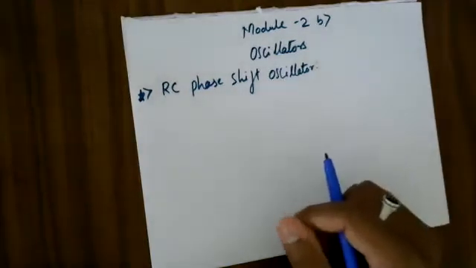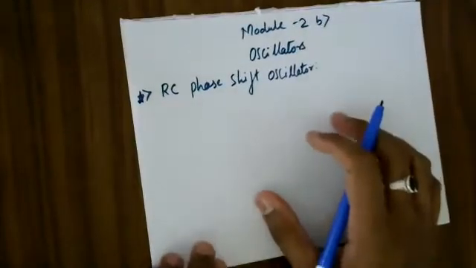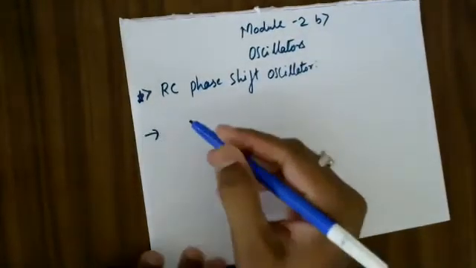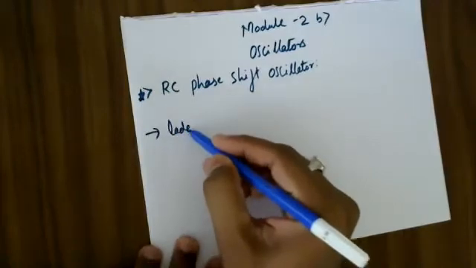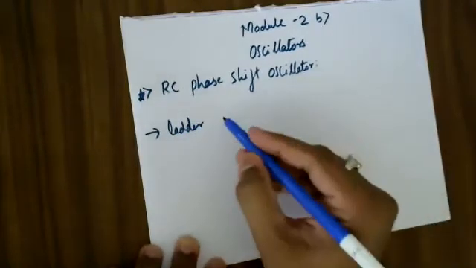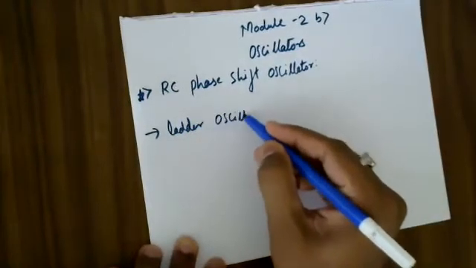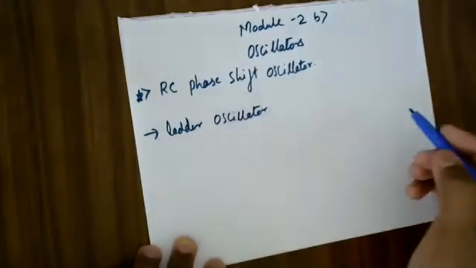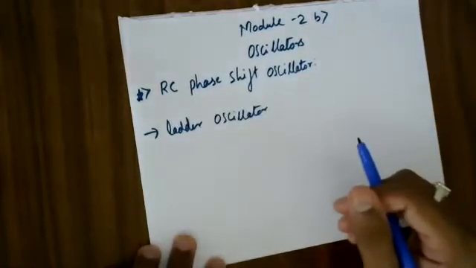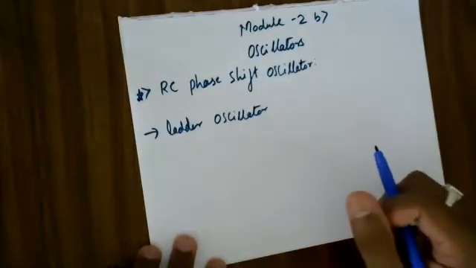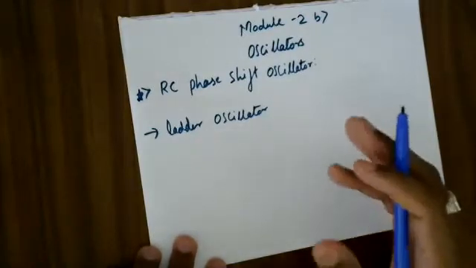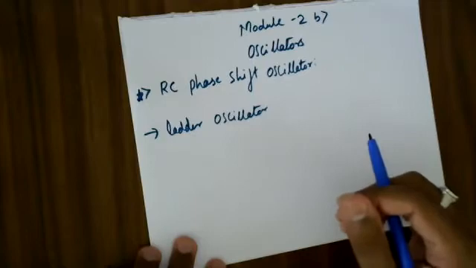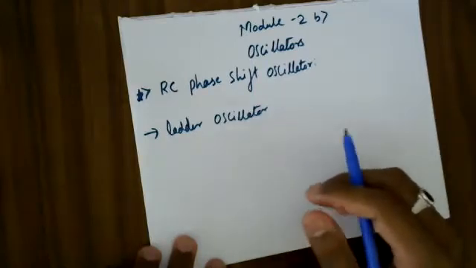Now this RC phase shift oscillator is also called a ladder oscillator, depending upon how the circuit components are arranged.